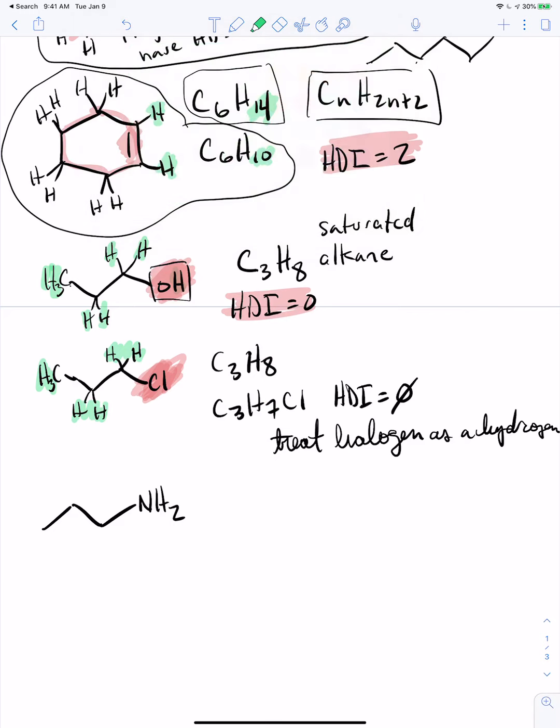So if we compare this and this, it kind of looks like we're missing a hydrogen there, which might imply that maybe you have like half a pi bond, or I don't know how you might think about that, but it screws up our hydrogen count, right? So if you had 2 chlorines in there, let's say I add a second chlorine in. So now I look at how many hydrogens I have.